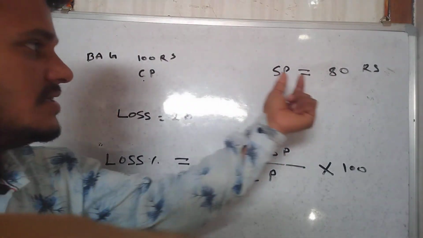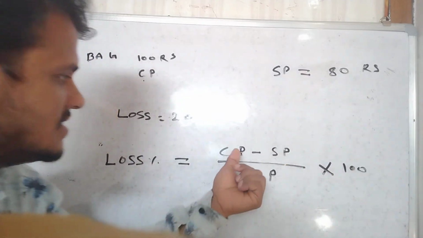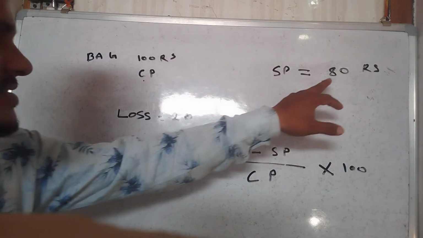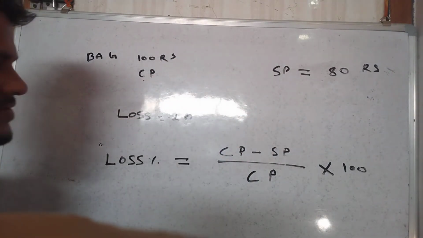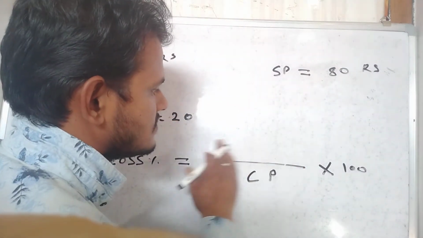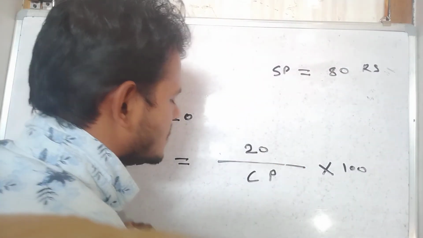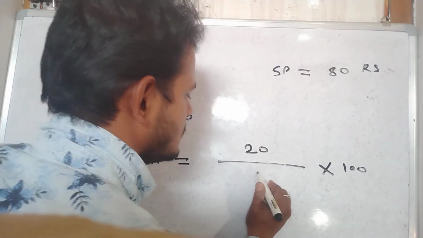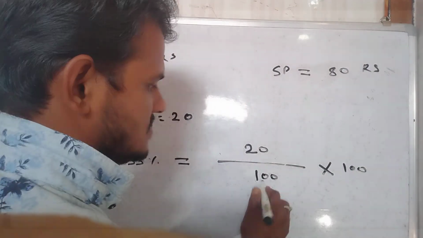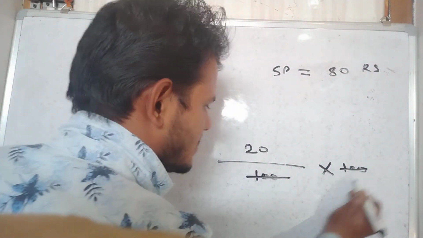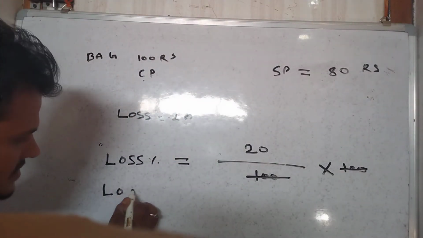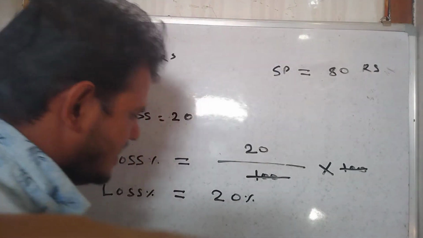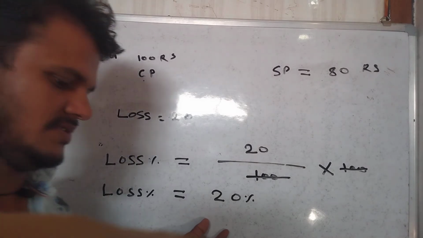CP is 100 rupees, SP is 80 rupees, and CP minus SP is 20 rupees because 100 minus 80 is 20. CP will always be constant, so keep 100 rupees. So 100 cancels. So your loss percent equals 20%. Right?